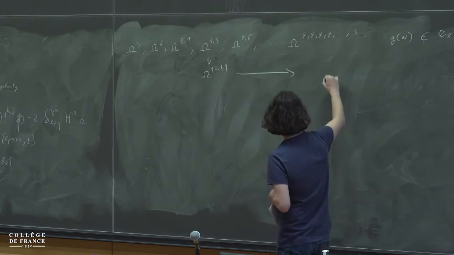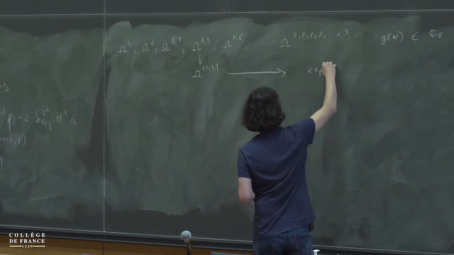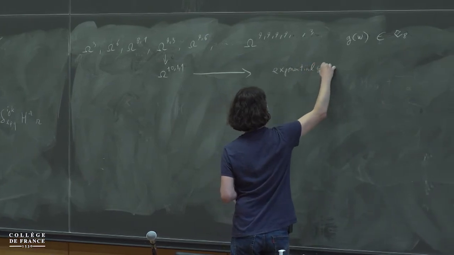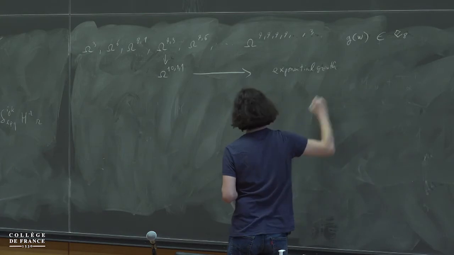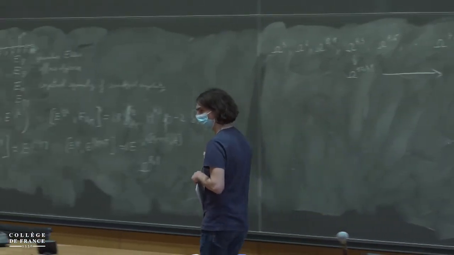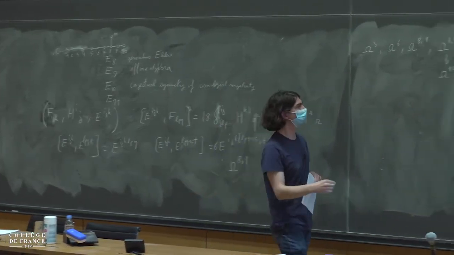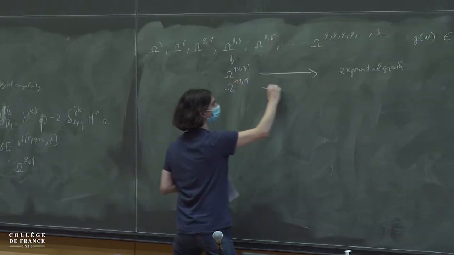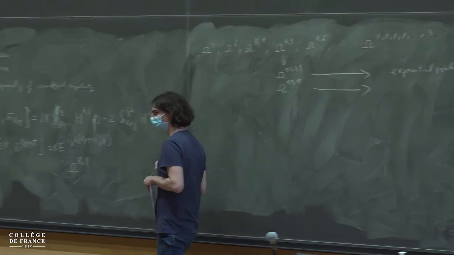It grows exponentially. If you go to E11, you can now have an 11-form, and you get one exactly at the same level. And once again, it grows exponentially.